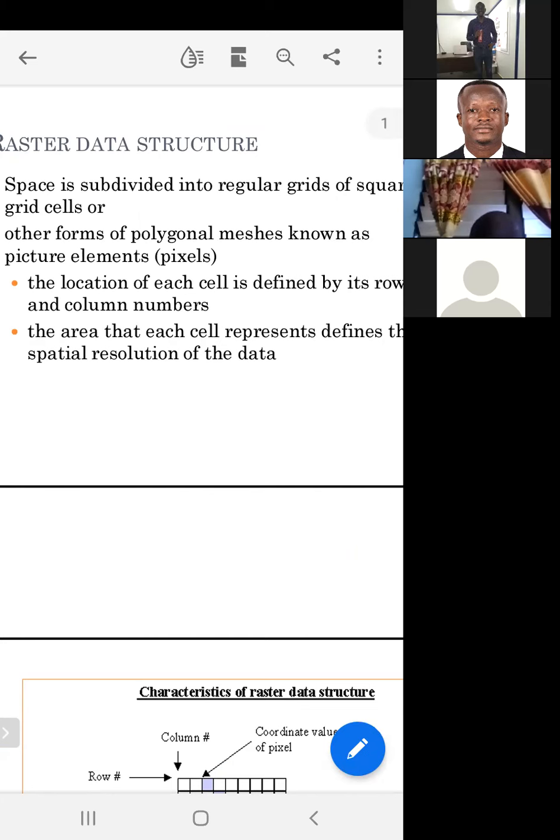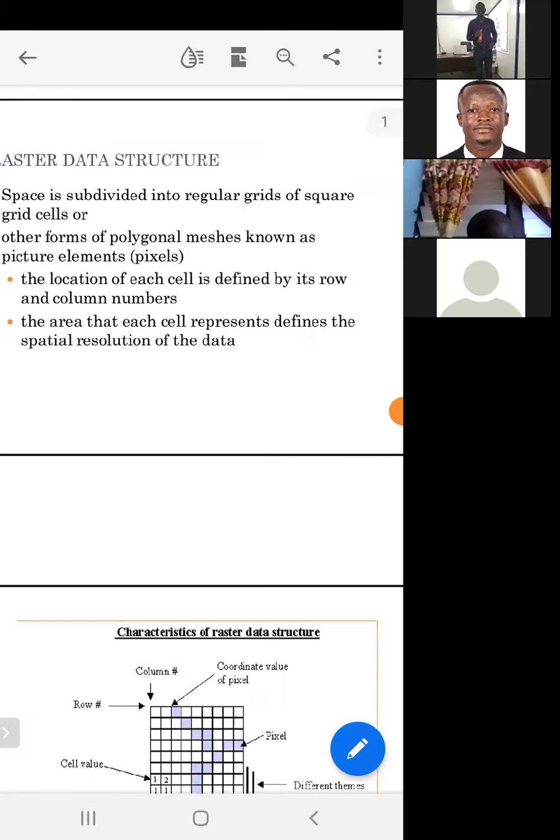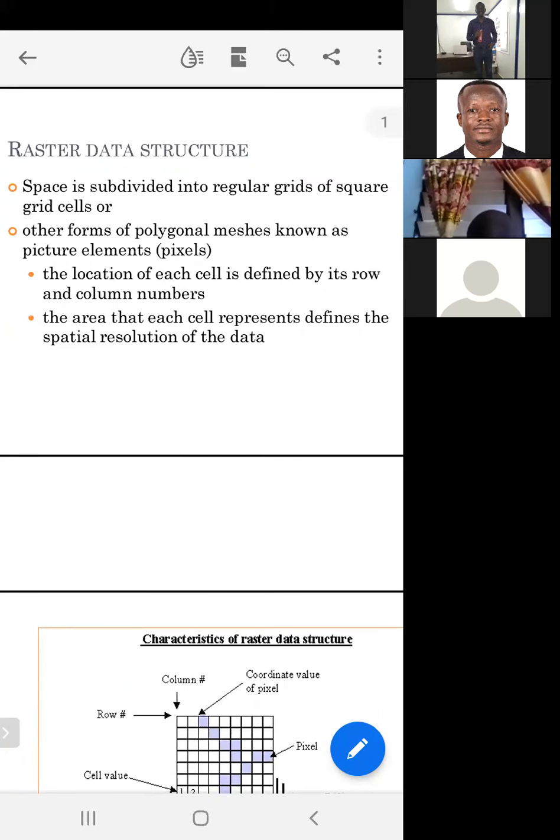So the smaller the cell size, the finer the resolution, the better the image, because then we can clearly distinguish between objects within our study area and within the space within which we are working. So each cell represents or defines the spatial resolution of the data.